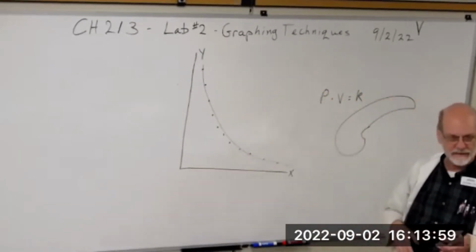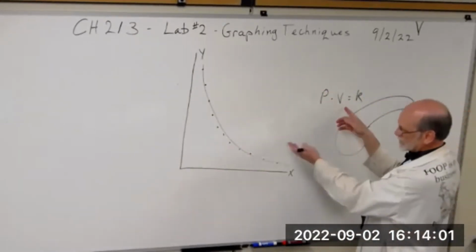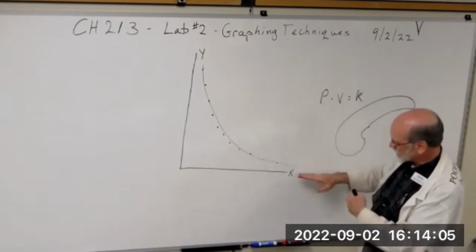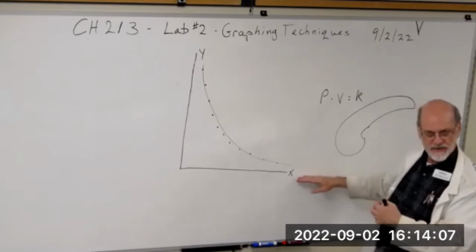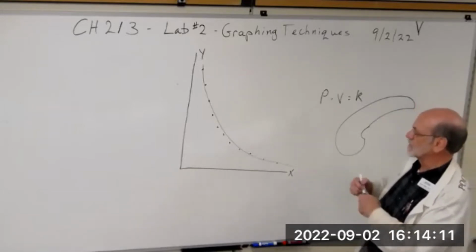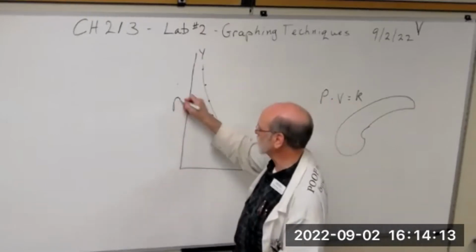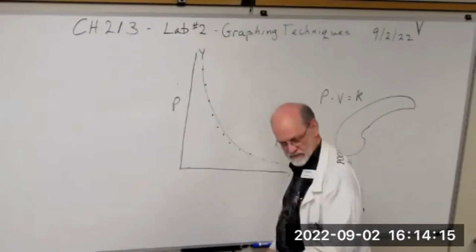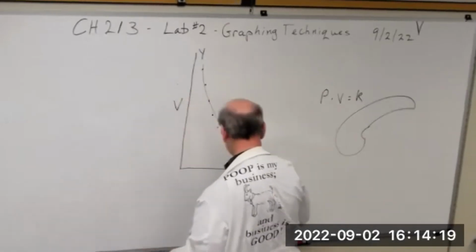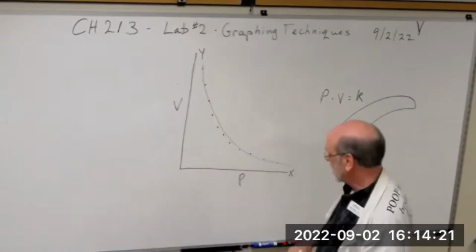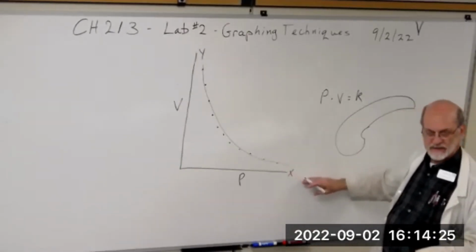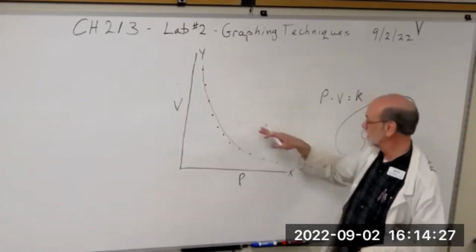Right? Think about it. If this represents that curve, then what would happen if this touched the x-axis? What would the value be for y? Well, let's be consistent here. This is pressure. Nope, excuse me, that's not pressure. That's volume. And this is pressure. Okay? So, if this one touched the x-axis, what would v be?